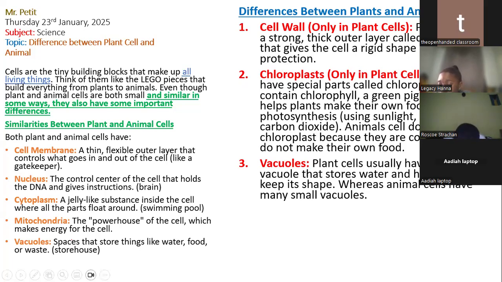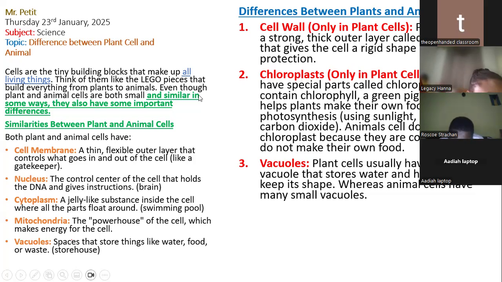Vacuoles. Do plants have large vacuoles? Yes, sir. Animal cells, do they have a large vacuole or do they have many small vacuoles? They have many small vacuoles. Very good. So what are the differences between plants and animal cells? Plant cells has cell walls and animal cells don't.